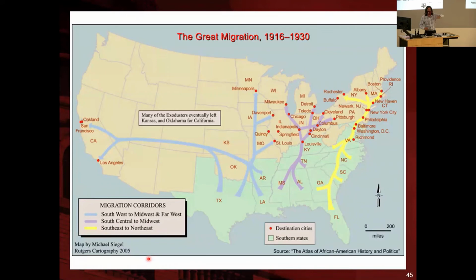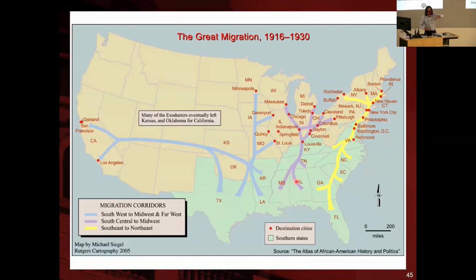This is a map that I also got from outside of the textbook to show the main flows, the main migration corridors of the Great Migration between 1916 and 1930. So the yellow people going from southeast to the northeast areas, states and cities, and the cities here are highlighted, the cities that were the main destination areas.